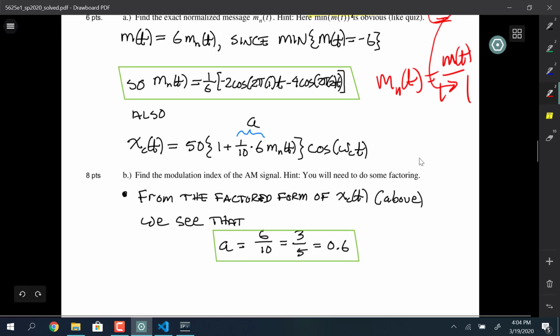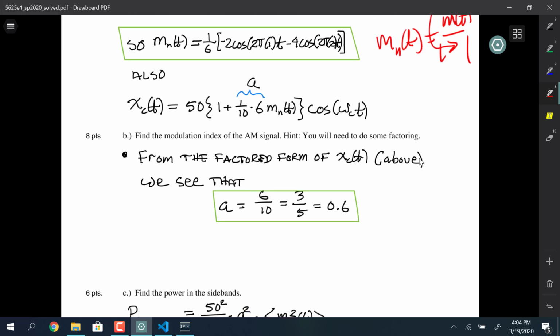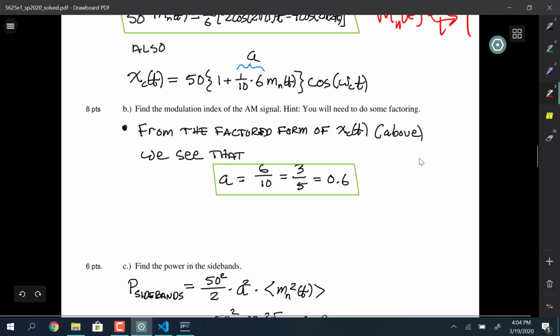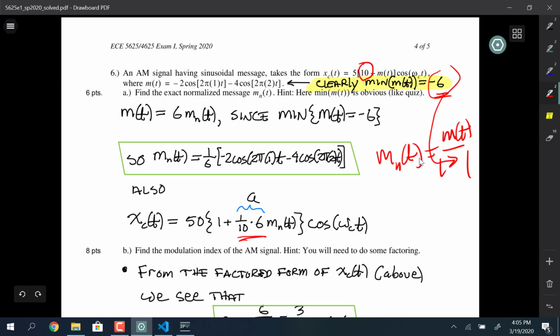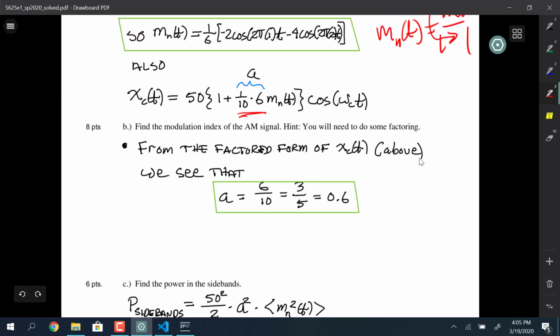And then in order to identify the modulation index, you may have gotten things confused in your head as to what you needed to do. The easiest way for me is to work with a normalized message. When you have a unit amplitude message, one that swings to a negative value of -1, then when you do the factoring, like I've got right up in here, as long as I factored the 10 out in front, I can immediately say that is the modulation index, because that's the depth of the modulation.